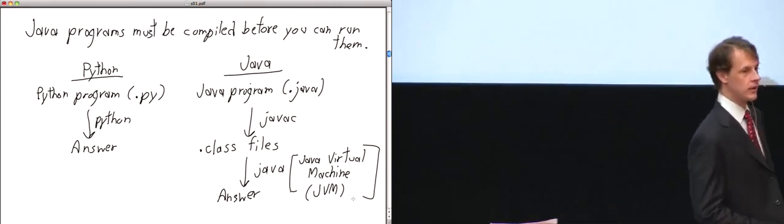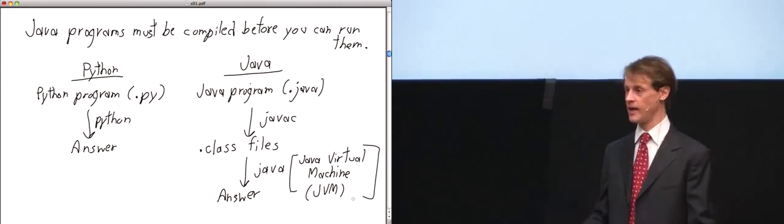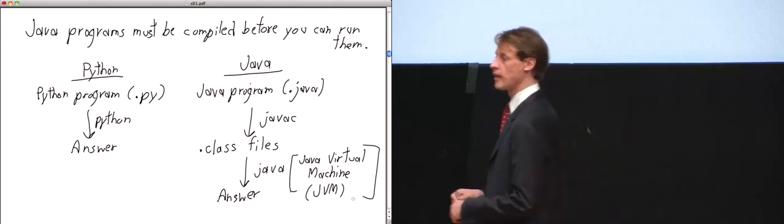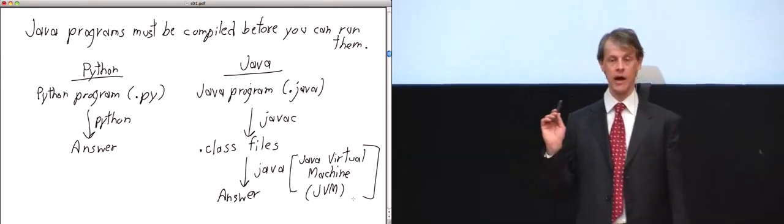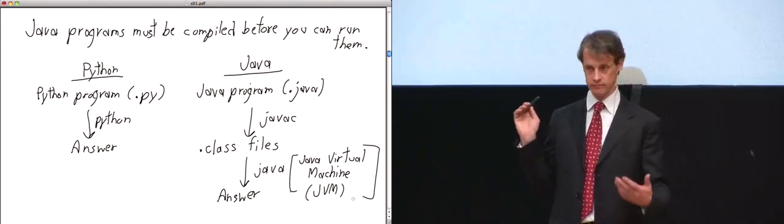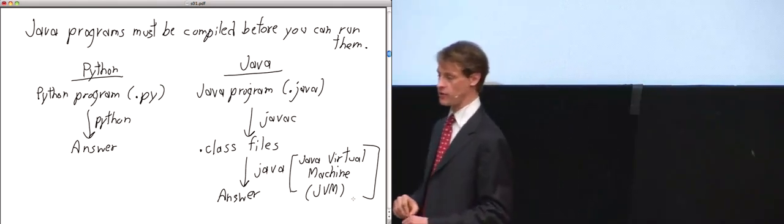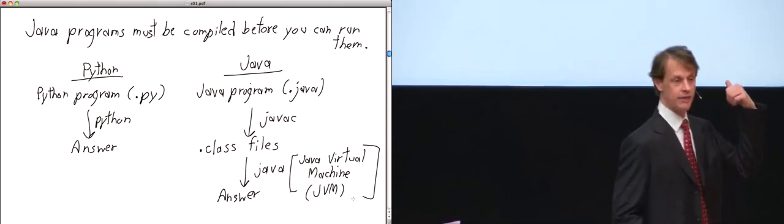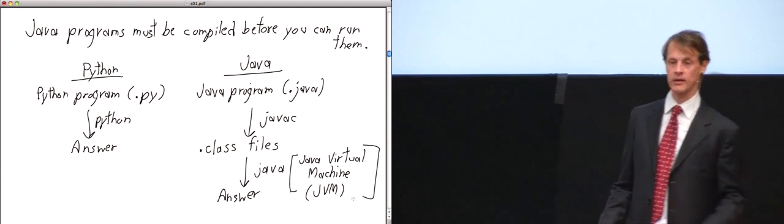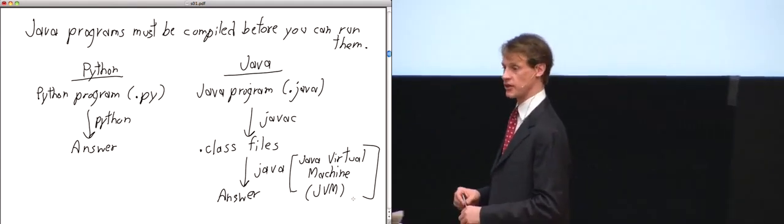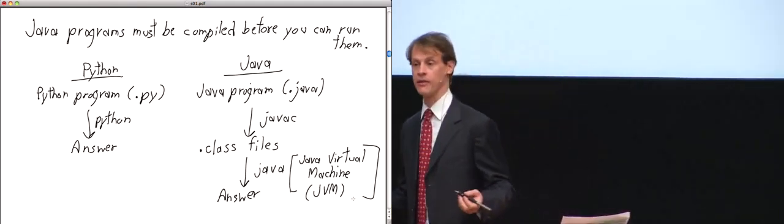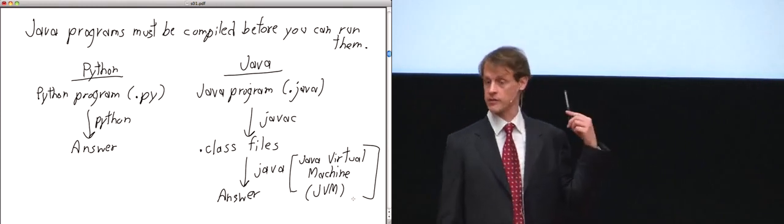That goes through and interprets your bytecode and gives you your answer. There do exist compilers that will take Java directly to machine code, though they're not used as often. And of course, Python also has a compiler that can compile down to bytecode, so it runs faster. But you don't always have to use the Python compiler. You do always have to use the Java compiler.